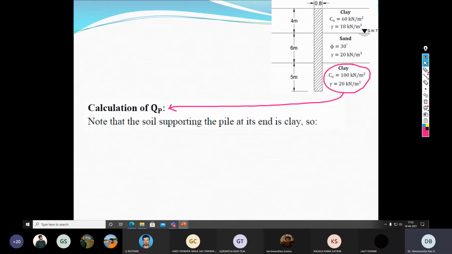So therefore, you cannot use Vesic's theory. Similarly, to use Janbu's theory, we need to know the eta angle, that is the angle made by the failure plane at the pile tip. So even that one is also not known. So therefore, we can't use Janbu's theory. And yes, I think we can use the Coyle and Castillo theory as well as the Meyerhoff theory.